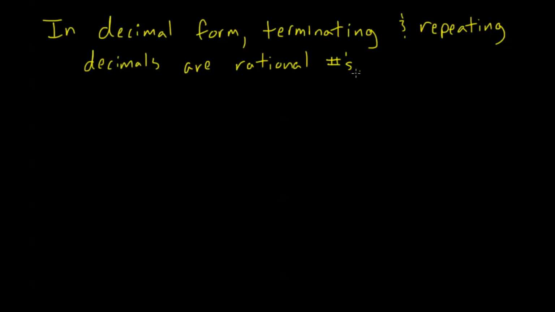And in the next video, I'll address the one exception to this, right? We have terminating and repeating, so the only other type of decimal we have is non-terminating and non-repeating, right? It's an infinite decimal that never repeats. And that's what we're going to call an irrational number, right? And we'll talk more about that in the next video.